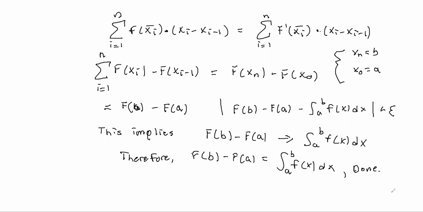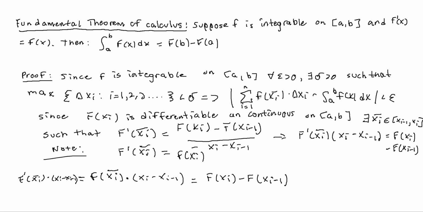Just to recap real quick about what we did here: we first assumed the condition of Riemann integrability because the integral exists. We considered capital F, and said that it's differentiable and continuous on a to b. Therefore, by the mean value theorem, this holds.